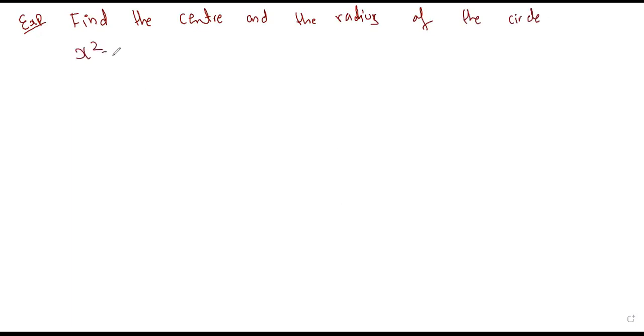Let's say that this time the question is: find the center and the radius of the circle that is x square plus y square plus 10x minus 8y minus 40 equals 0.